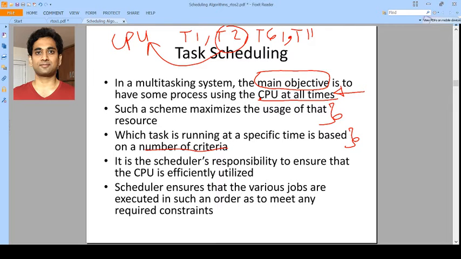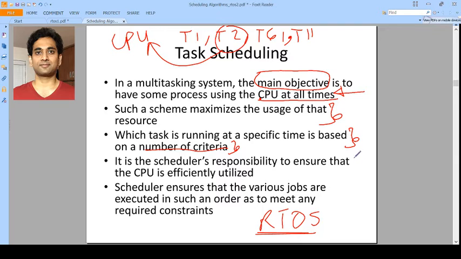So the operating system, when picking a particular task to become current, is evaluating a number of criteria, which could include timing constraints, deadlines, priorities, and so on. But the bottom line is, in a real-time operating system, the operating system is evaluating various criteria to determine which task should get access to the CPU next.